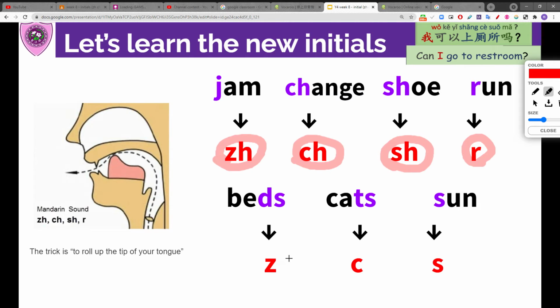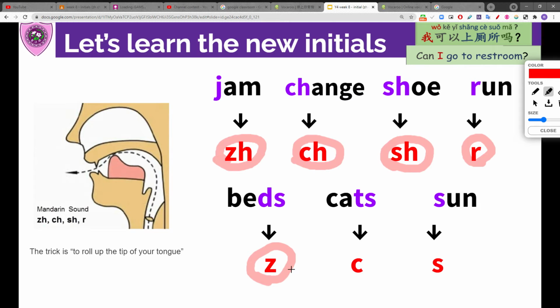Do you still remember that last week we talked about these three sounds already? Z, z, z. The trick to reading this sound is that you'll feel your teeth shaking, and the sound comes from between your teeth.